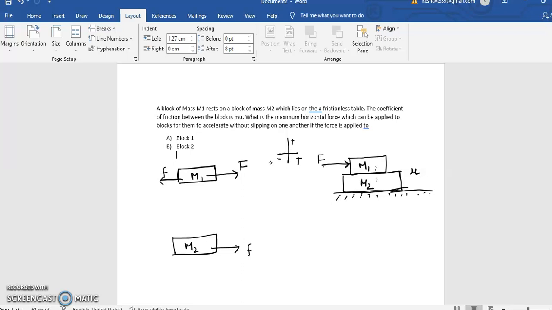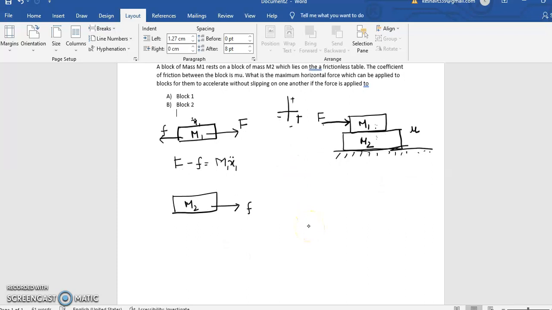Then capital F minus small f equals m1 times acceleration, Newton's second law, and suppose the acceleration of M1 is x1 double dot, so this is m1 x1 double dot. For M2, f equals m2 x2 double dot. So these are the equations of motion.